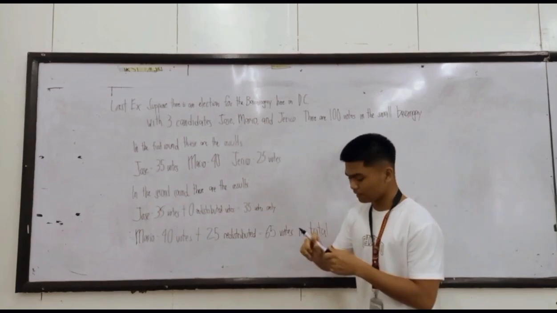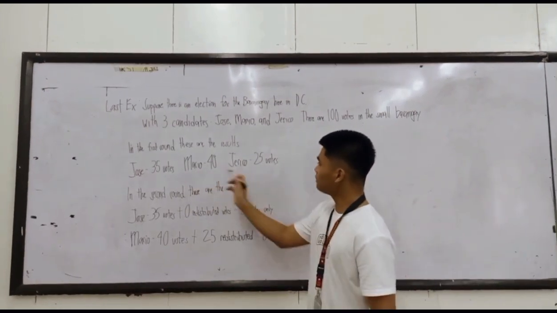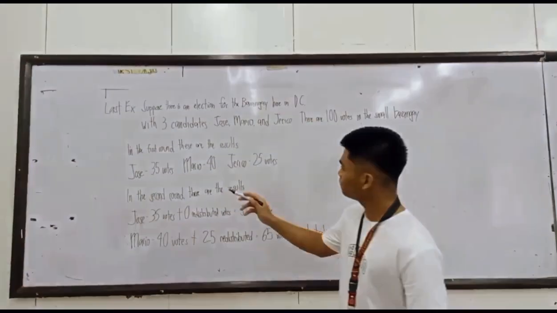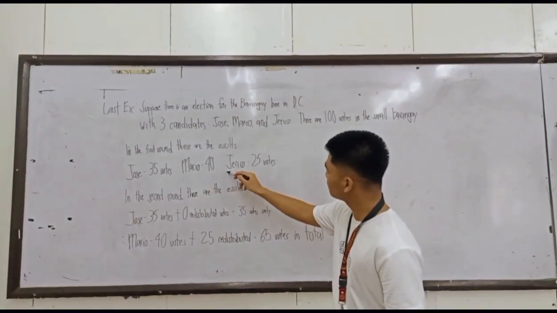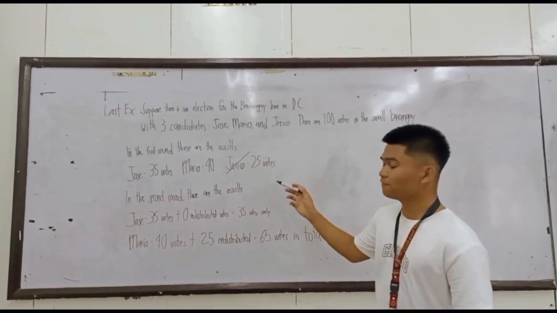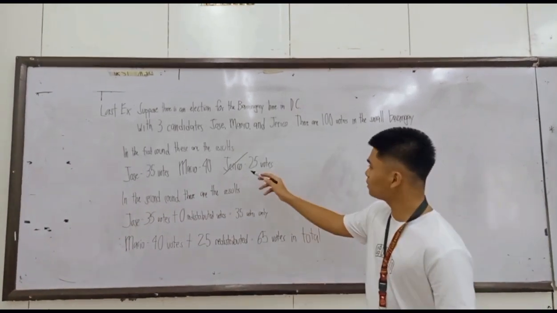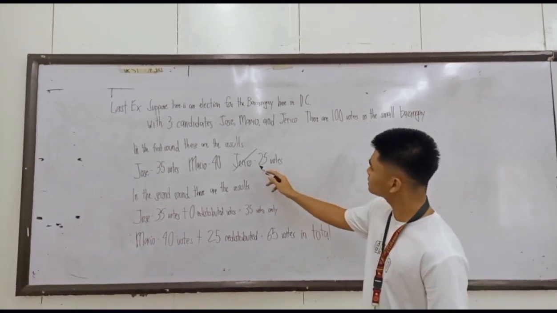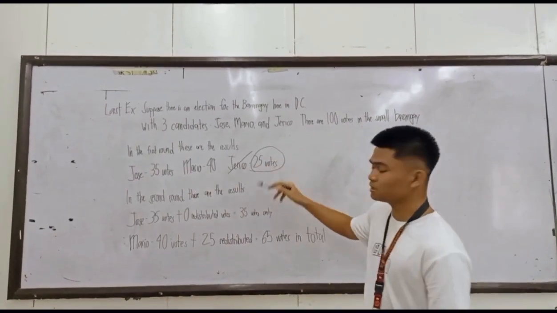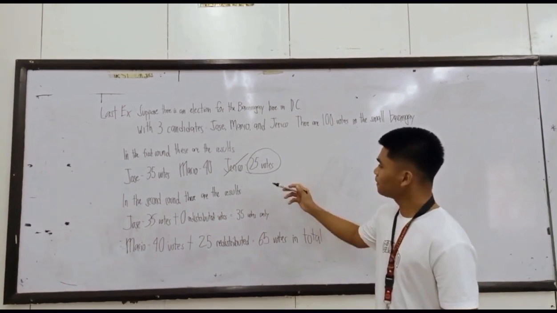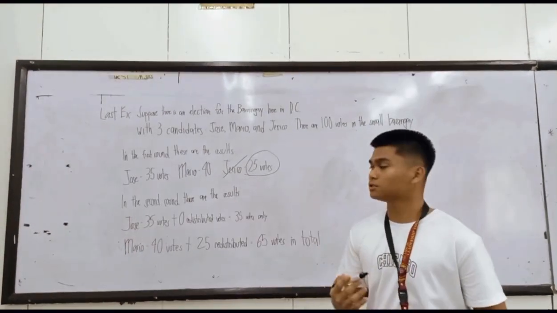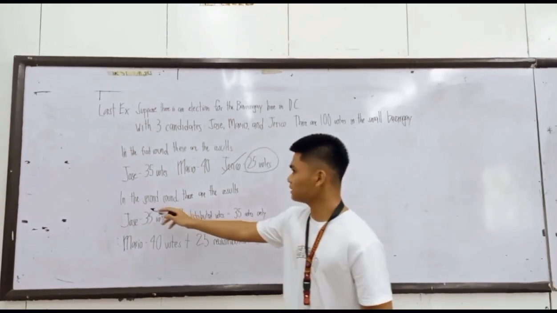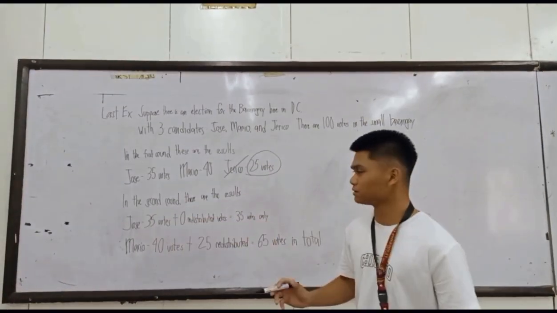So now, let's identify who among these three candidates has the fewest amount of votes. Basically, Jericho has the fewest amount of votes. So Jericho will be eliminated from the candidates. So these 25 votes, or these 25 voters of his, will now have a second choice and will go on to the second round. In the second round, these are the results.